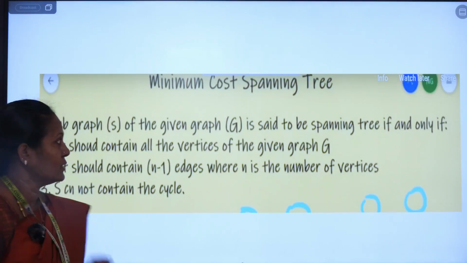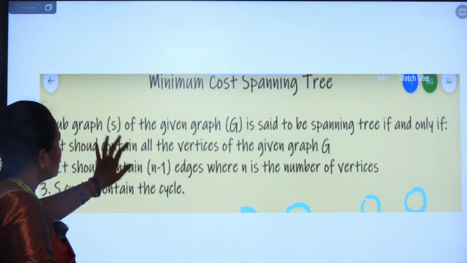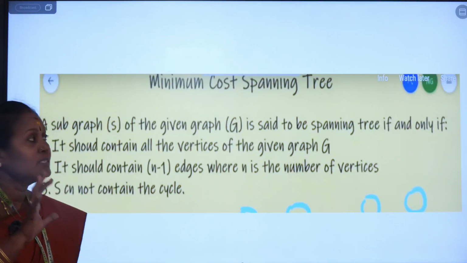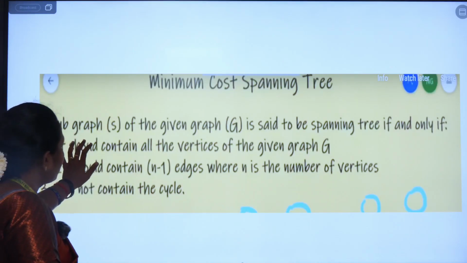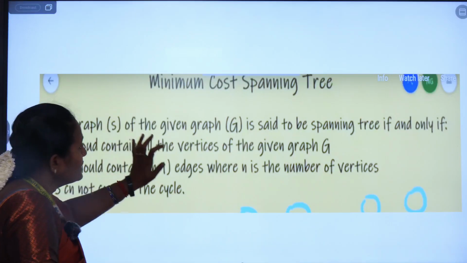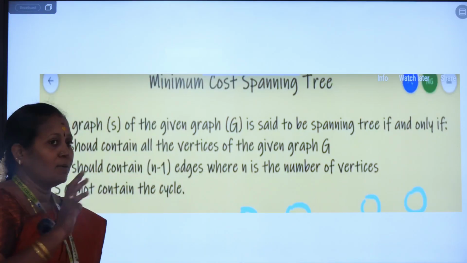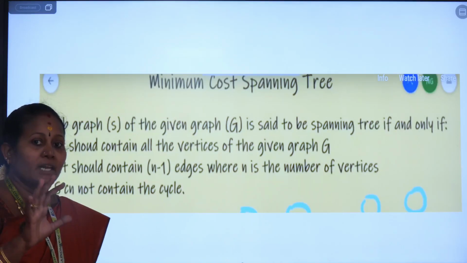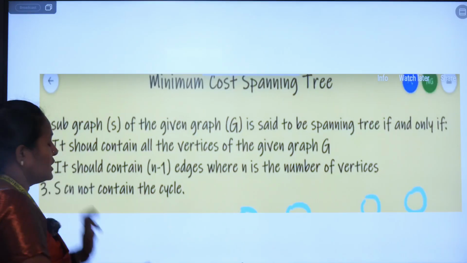So here, a minimum cost spanning tree is actually a subgraph. A subgraph of a given graph is said to be a minimum spanning tree if and only if it satisfies all these 3 points.